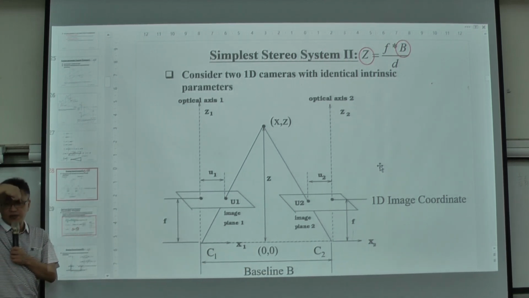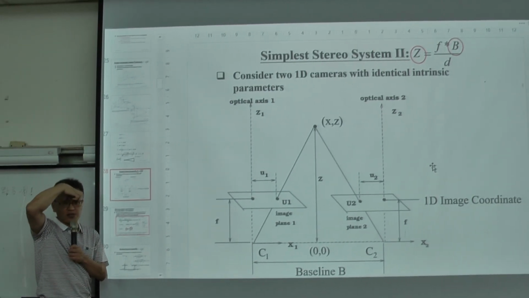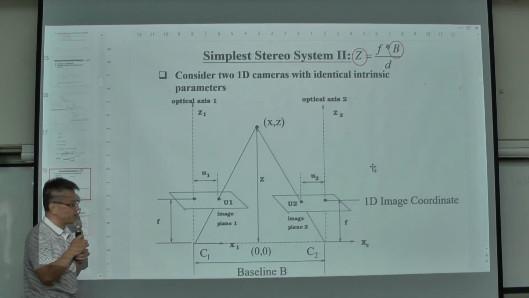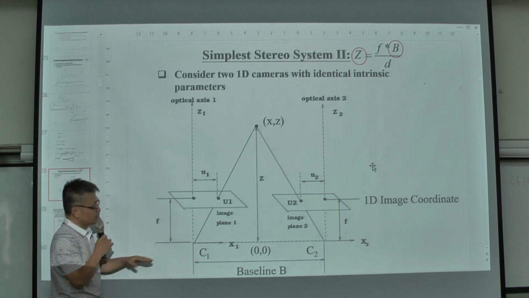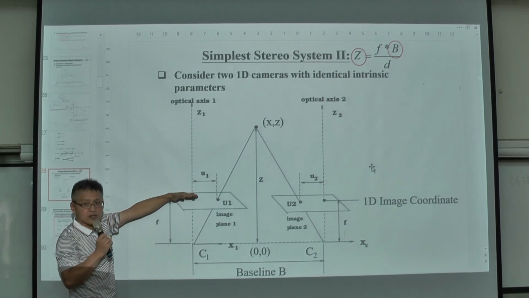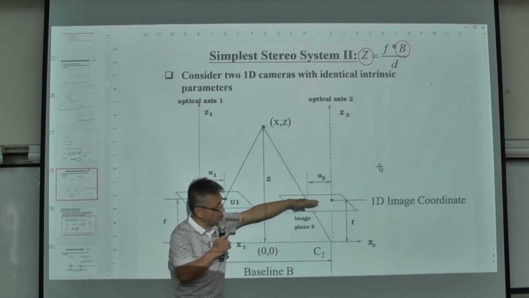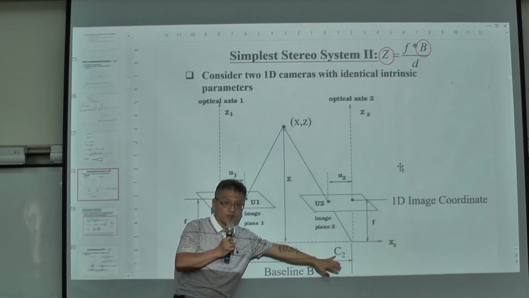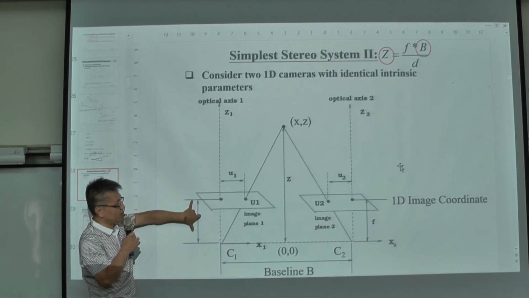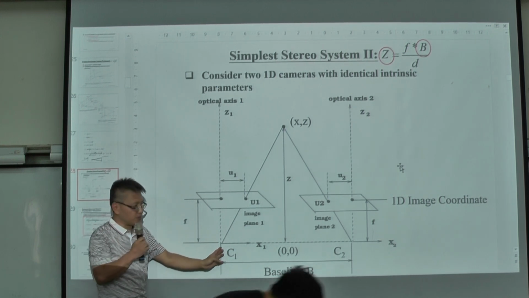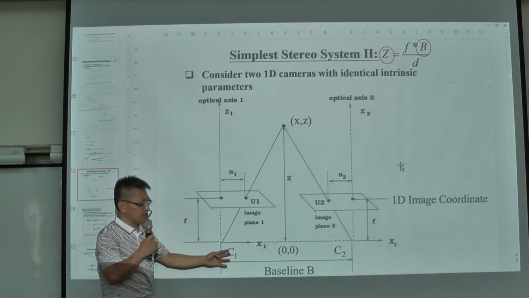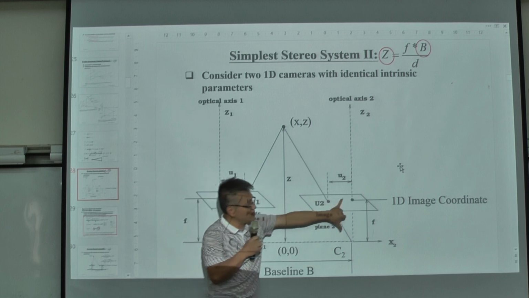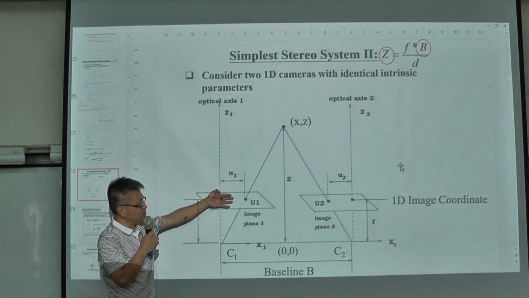You have left camera, right camera, and the distance here is called the baseline. And this is the image, a virtual image here and a virtual image here. If both cameras are the same, 就相同规格的 camera，那 focal length 会一样, the same focal length.